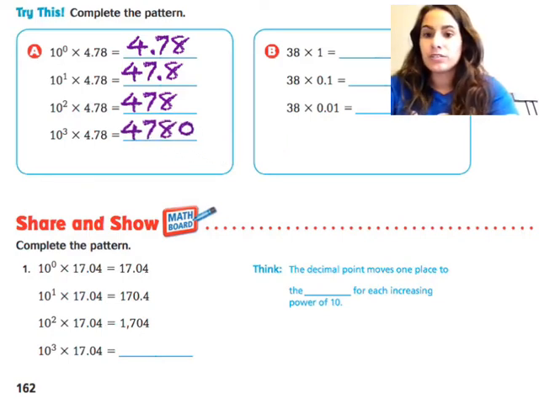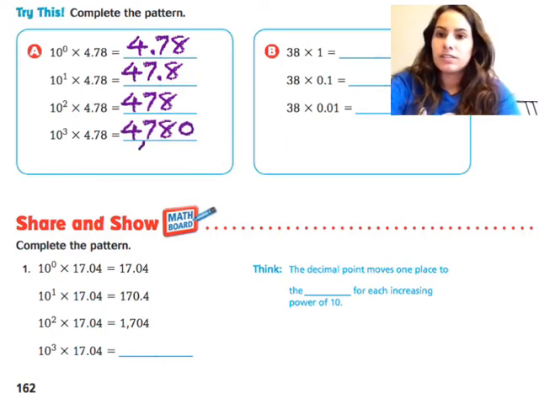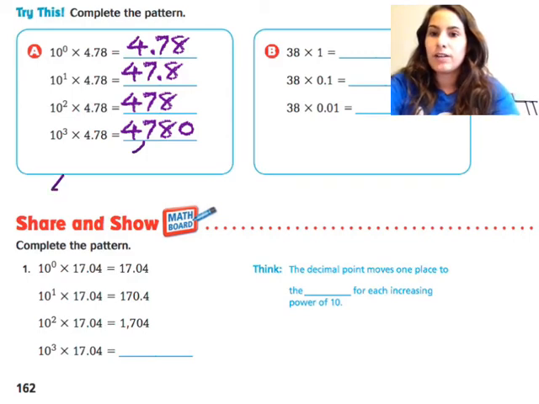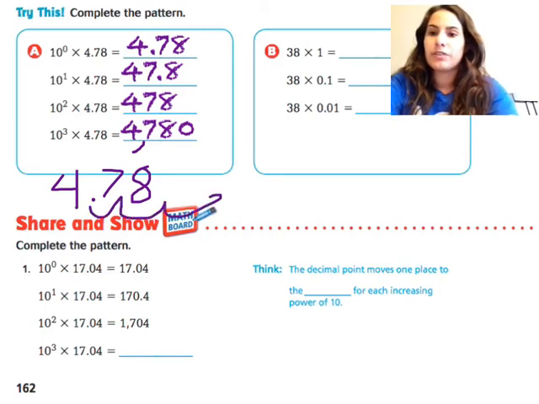So I'm going to get 4,780 because I had 4.78, and I moved my decimal place over 3 times, 1, 2, 3, and I have to add a 0 here.